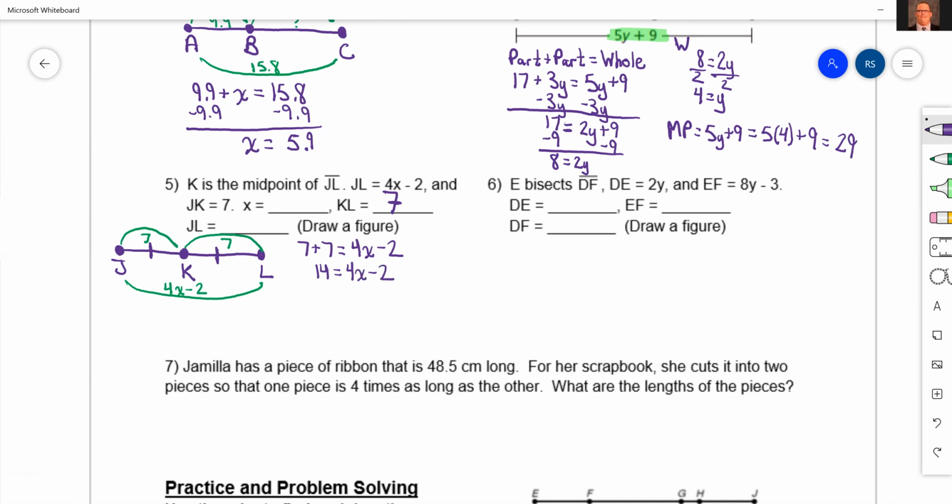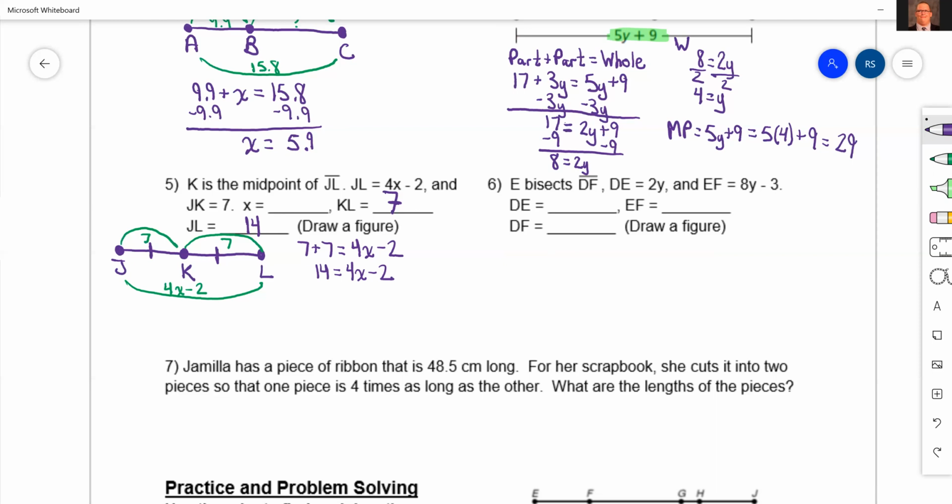Well, if we stop here for a second, 4x minus 2 is equal to 14. That's the whole. 14 is our whole thing. So from J to L, it's 14. You can also see that because I go 7 and then I go 7 more. 7 plus 7 is 14.